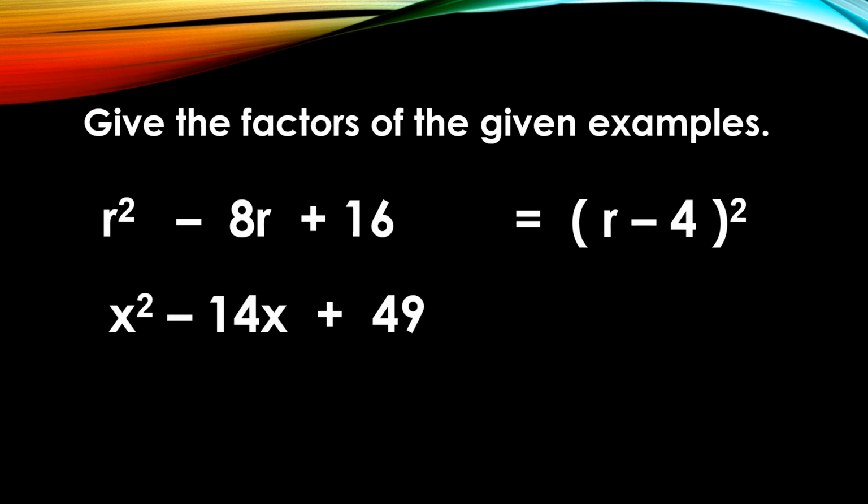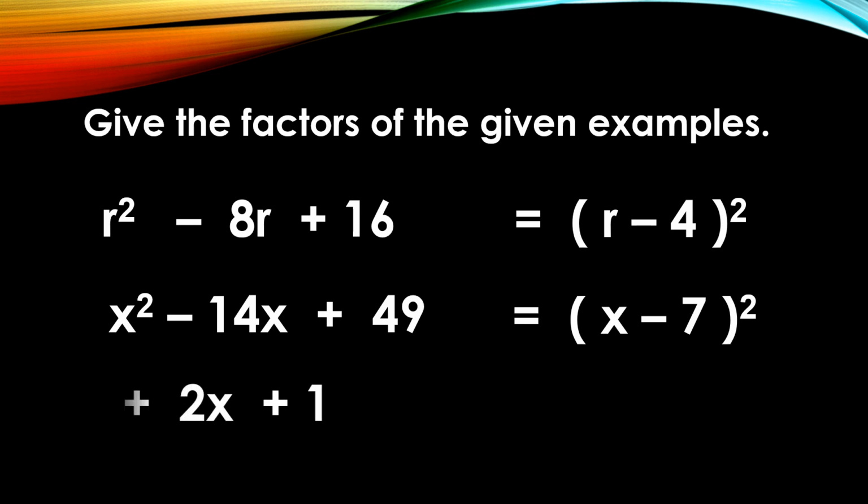Next example, x squared minus 14x plus 49. The square root of x squared is x, and the square root of 49 is 7. The operation from the middle term is subtraction. So, the factored form is x minus 7 squared. Next example is x squared plus 2x plus 1.